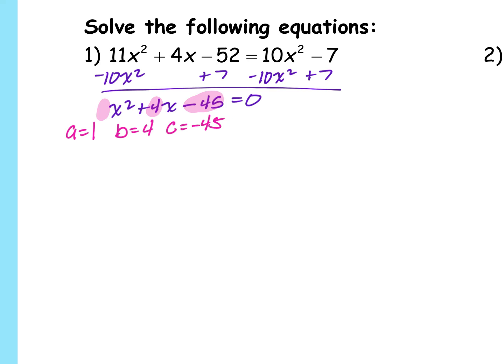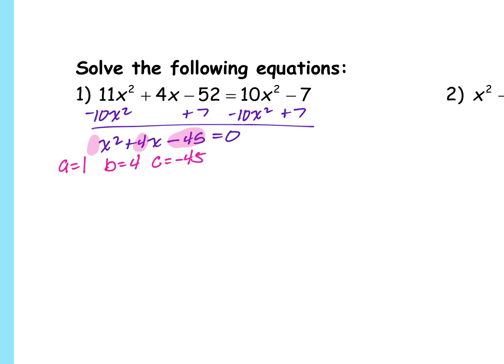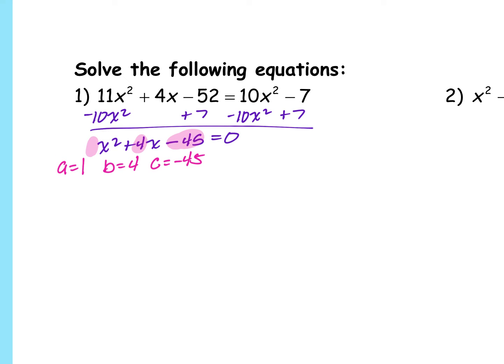Now what I'm going to do is plug it into the quadratic formula. The quadratic formula says x is going to equal minus b plus or minus the square root of b squared minus 4ac, all divided by 2a.